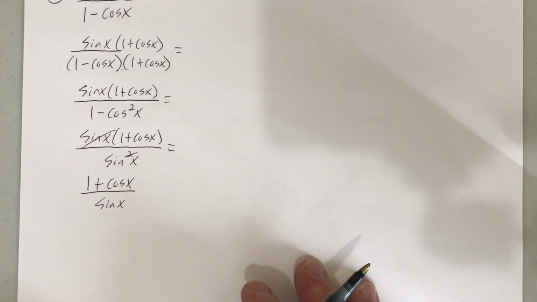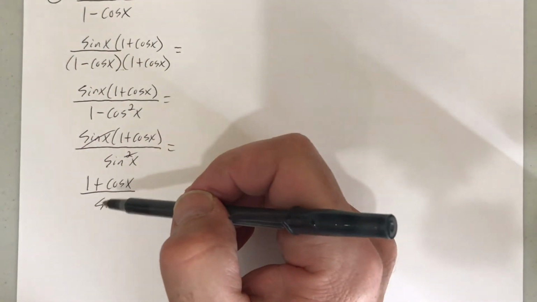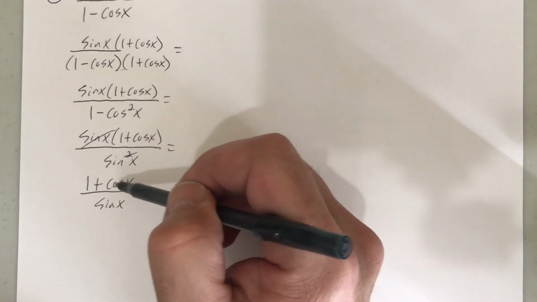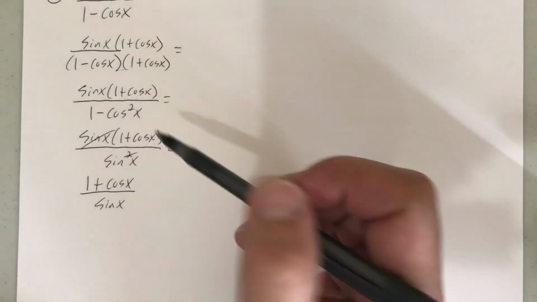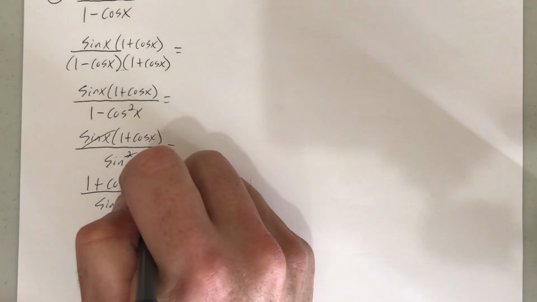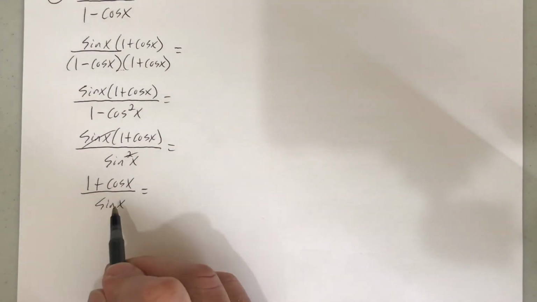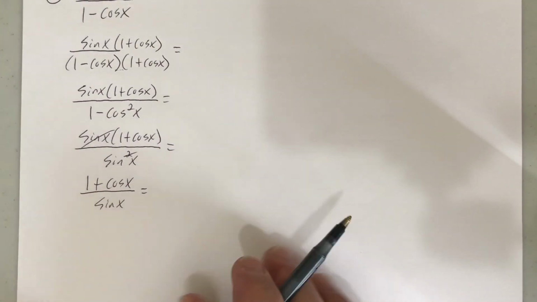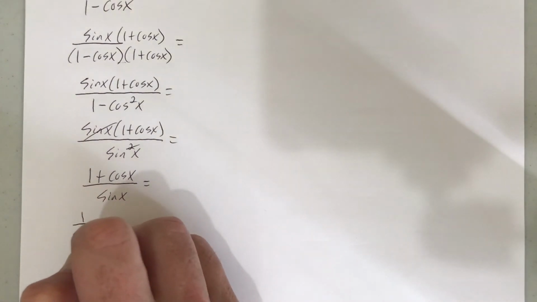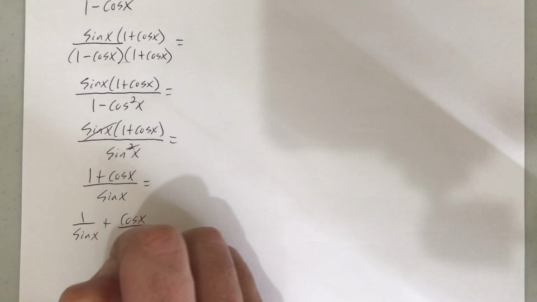And now you're saying, well, all you did was all that simplifying. Now I just have the binomial in the top as opposed to in the bottom. How does that even help me? Well, I can split this off now. So this is equal to 1 over sine x plus cosine x over sine x.